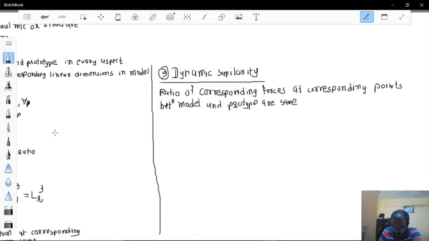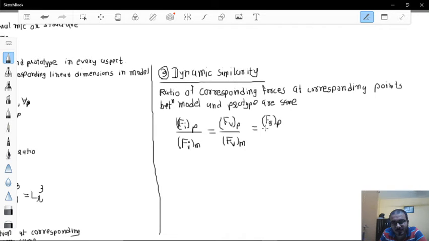So here we can write down for inertia force, that is inertia force in prototype and inertia force in model is equal to, let us say we also take viscous force, so Fv of P divided by Fv of M is equal to, we can also take gravitational forces, so Fg of P to Fg of M is equal to same.